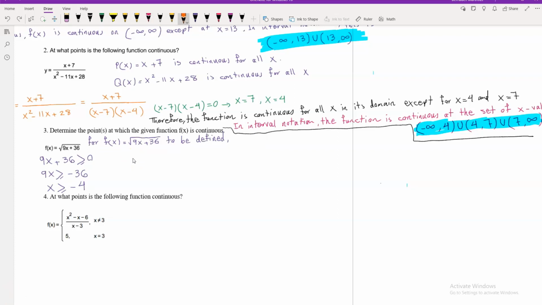So this means our function square root of 9x plus 36 is defined on negative 4, positive infinite.